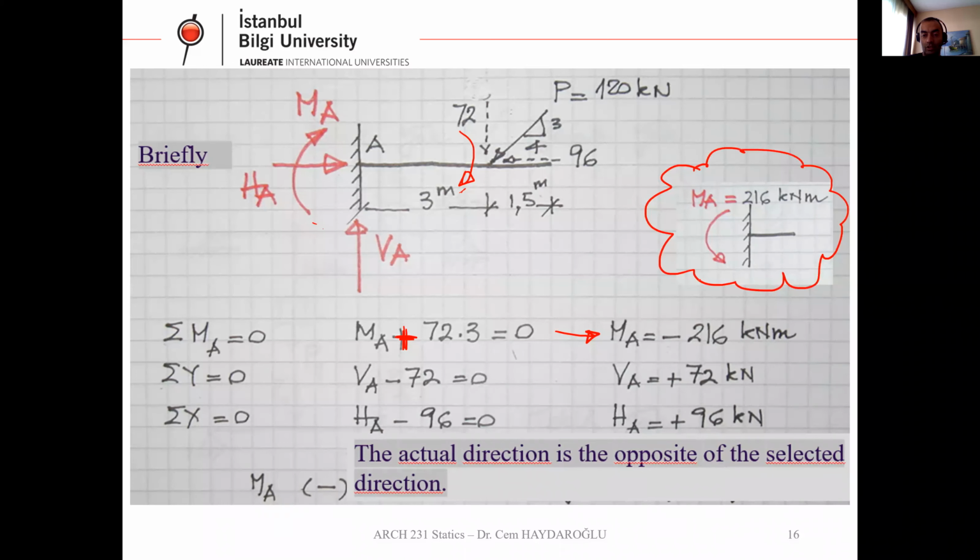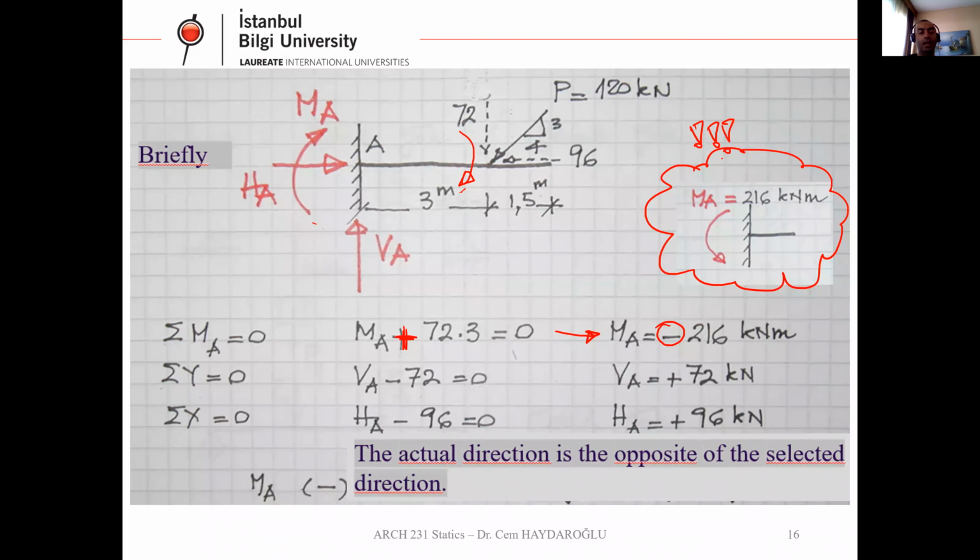This is the positive direction. But no worries, you can assume one direction at the beginning. If it's wrong, the result has minus. We know that in vectorial calculation, minus means the opposite direction. So I know that this moment goes in this direction. Okay.